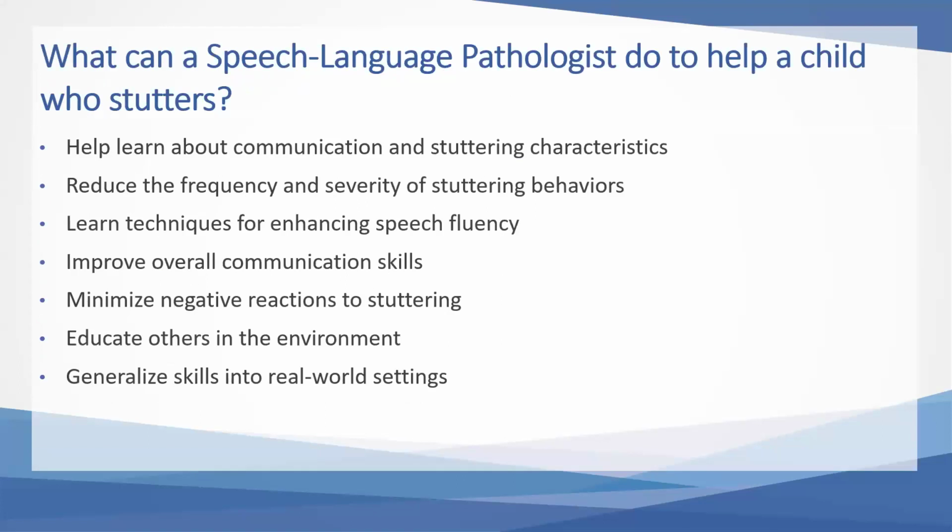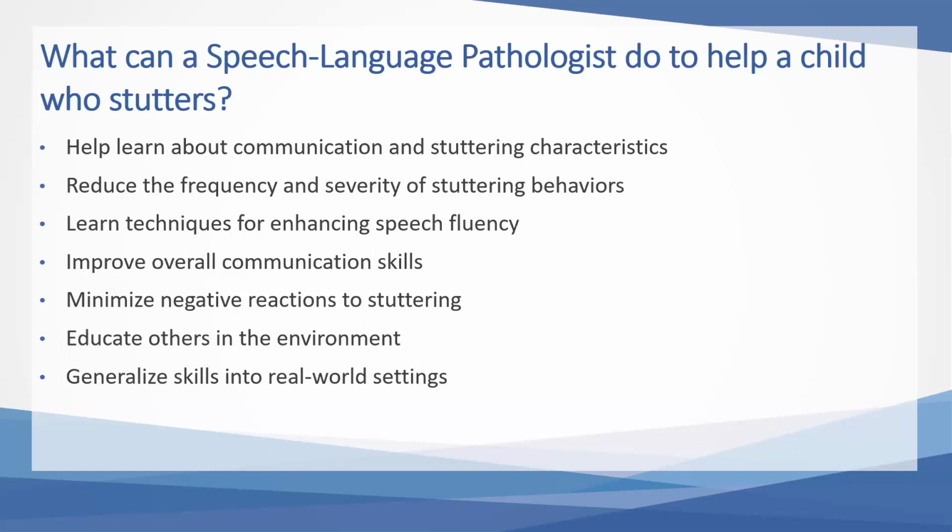So, what does a speech language pathologist do to help a child who stutters? First, we need to help them learn about communication as a whole and stuttering characteristics themselves so that there's an open book. We then work on reducing the frequency and severity of stuttering behaviors.